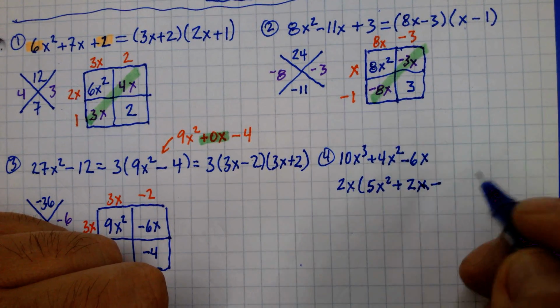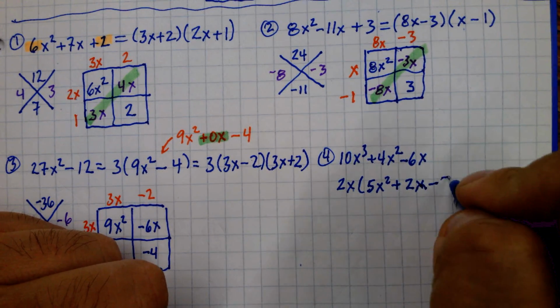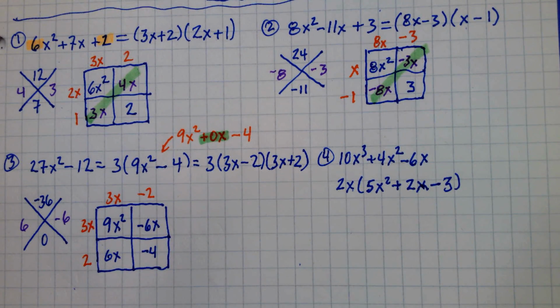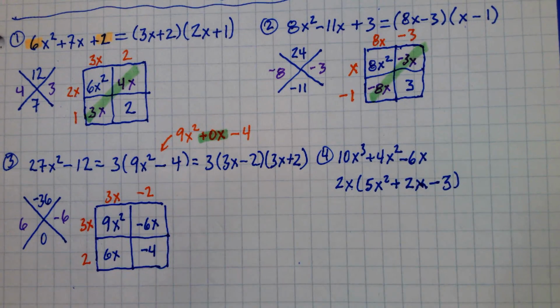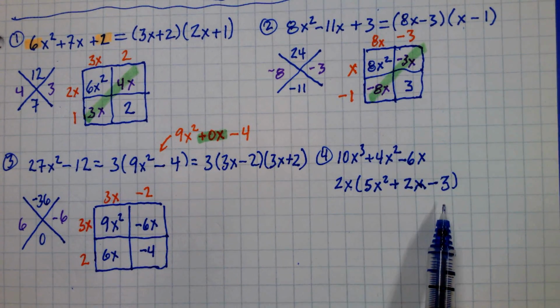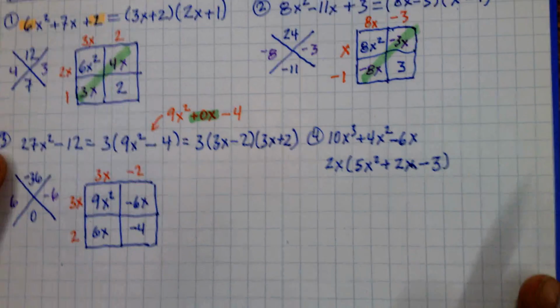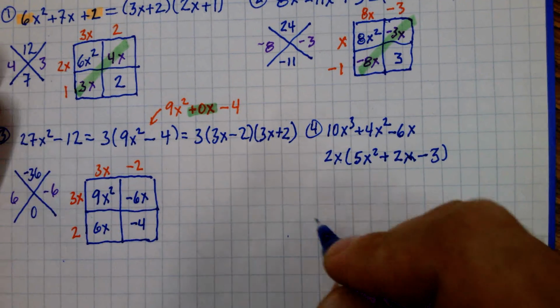Minus, well, 3, right? 2x times minus 3 would give me negative 6x, okay? So now I got this. Now we're going to see if this breaks up into two trinomials. So now we're going to do the X game and the box for this part. So I'm going to do that down here. I'm going to leave some room to put my final answer down here, okay?